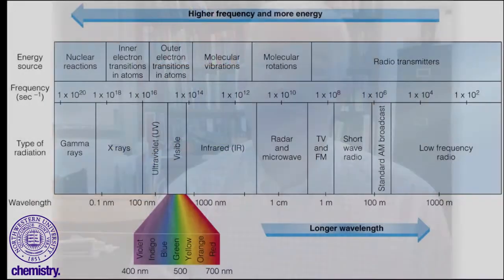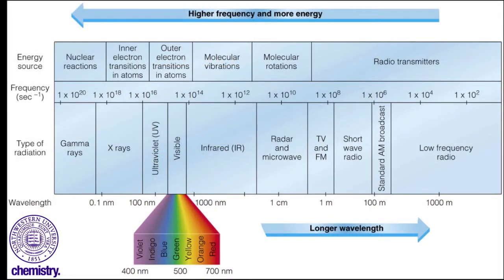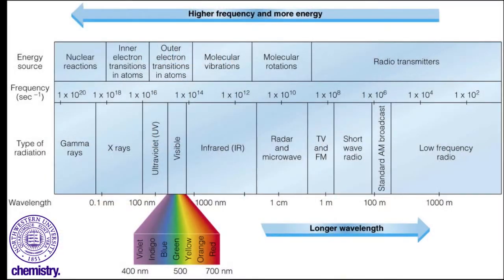More about that later. Then just below infrared radiation, we have microwave radiation. Microwave radiation is measuring molecular rotations, okay? And then finally, just below microwave radiation, we have the large part of the spectrum known as the radio wave part of the electromagnetic spectrum.